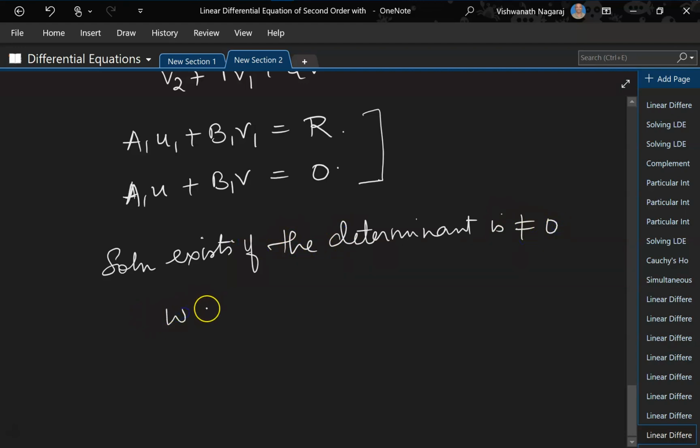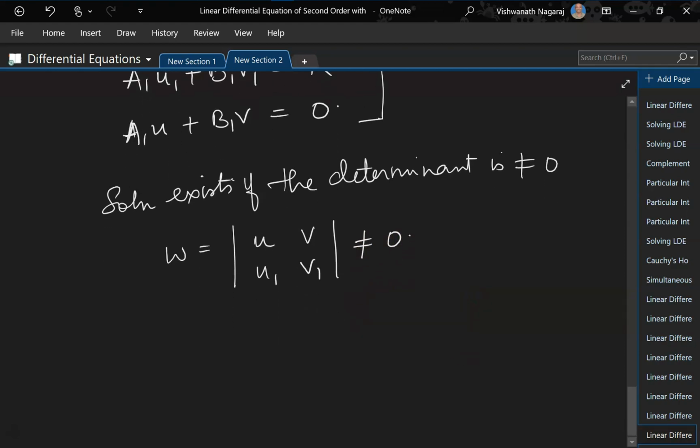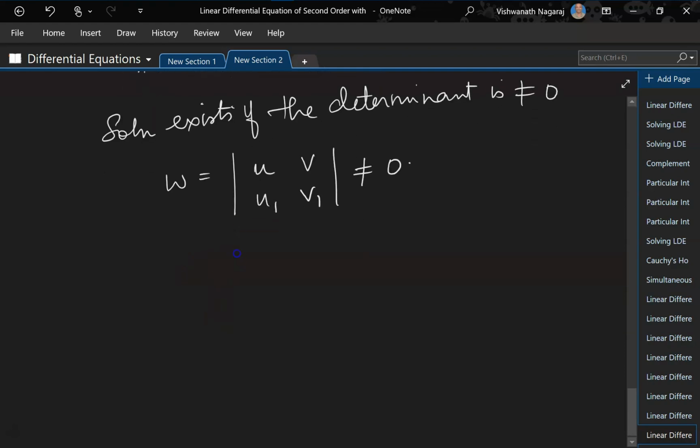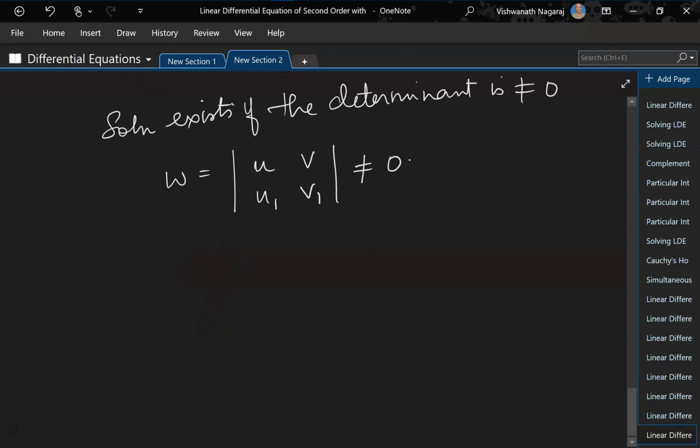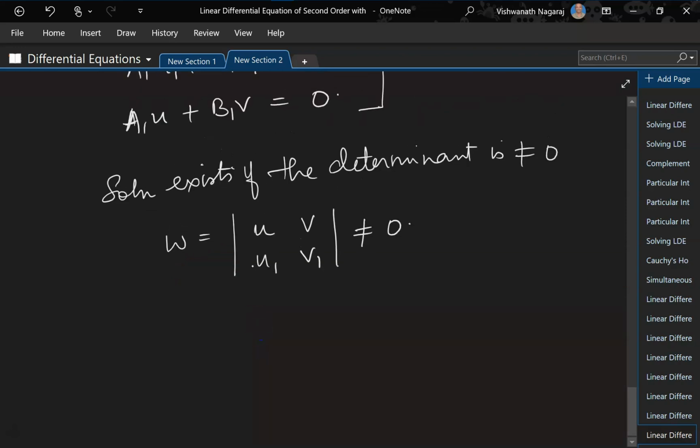Let's say W is the determinant of u, v, u1, v1, and it should not be equal to 0. Why should it not be equal to 0? Because as you will see later on, this W will come in the denominator, and the denominator cannot be 0.